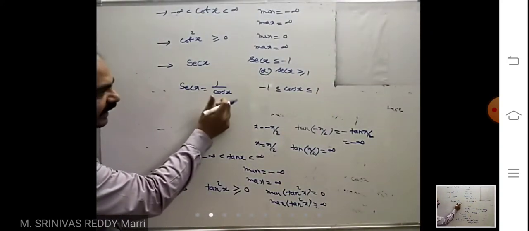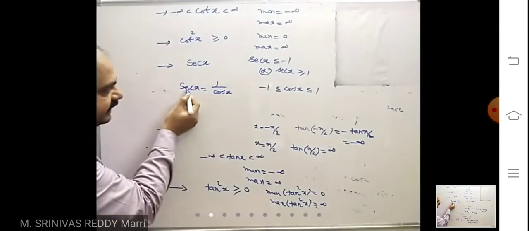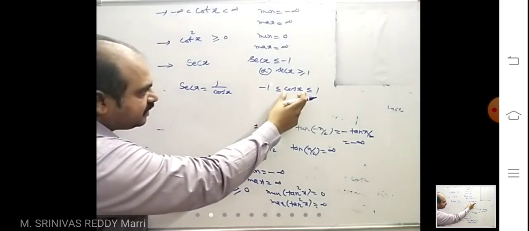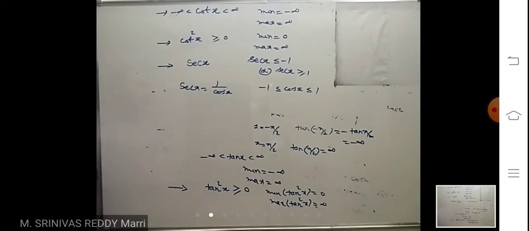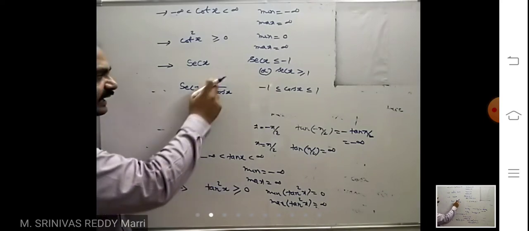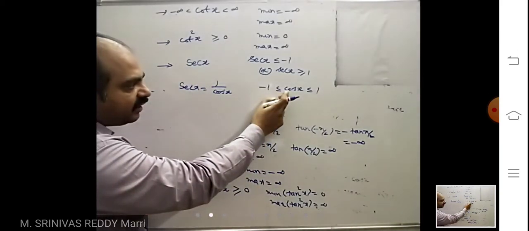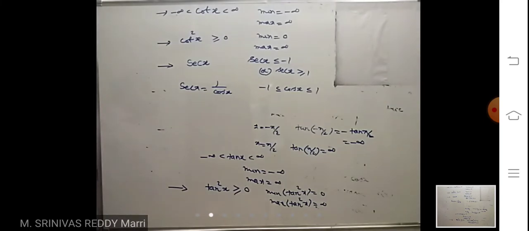Because the denominator is a value between minus 1 and 1, secant x is nothing but 1 by cos x. Let us say cos x equals 1 by 2. If you substitute it here, 1 by 1 by 2, you get secant x equal to 2, which is greater than or equal to 1. If you substitute cos x equal to minus 1 by 2, you get secant x equal to minus 2.